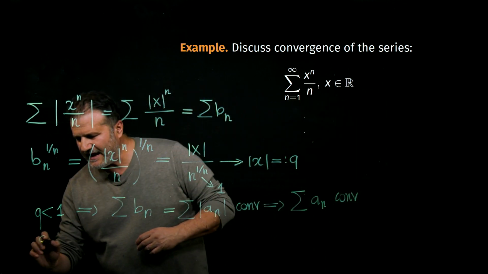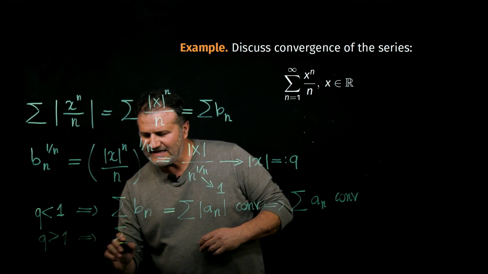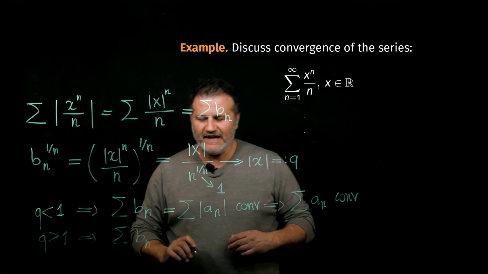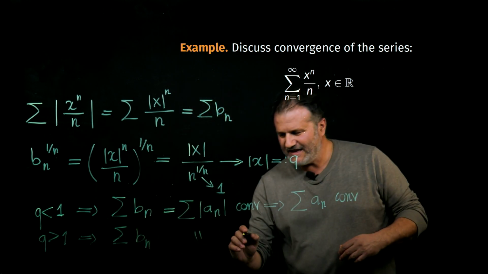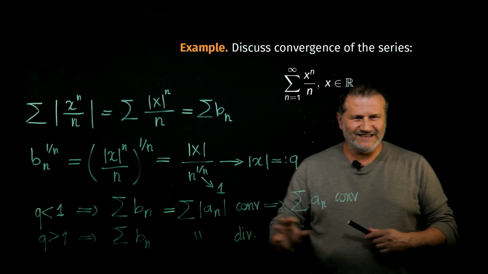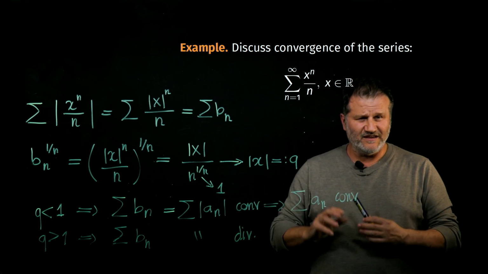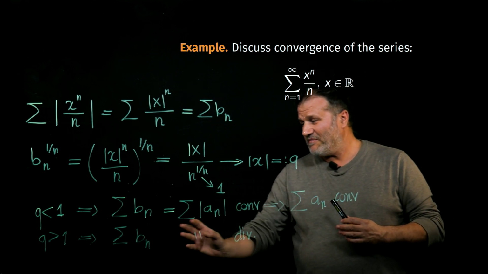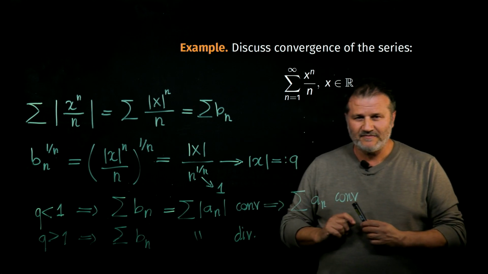If q is greater than 1, then we know that the test says that the series of Bn, which is the series of the modulus of an, is divergent. This is not sufficient information because, as we have seen with the example of the logarithmic series, we may have that the series is convergent but not absolutely convergent.